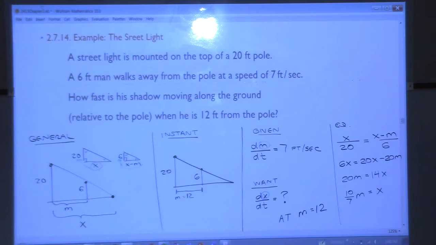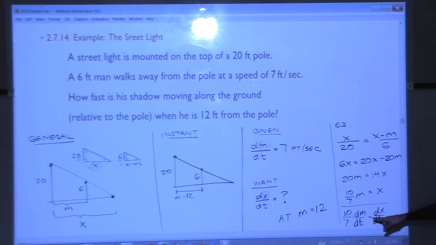As you pack up, I just cleared fractions here and got my x's on one side and m's on the other. And right here at this point, I would take the derivative. What's the derivative of the left side? 10/7 dm/dt equals the derivative of this side, dx/dt.